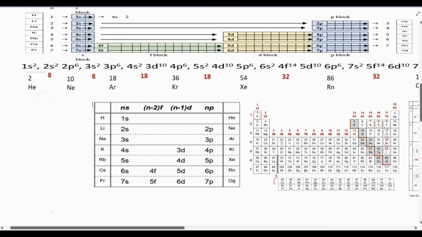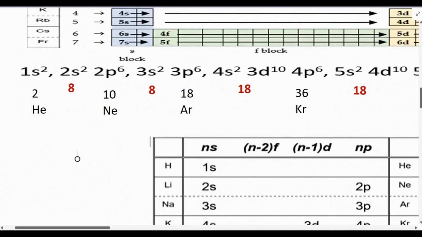I've written down the maximum number of electrons in each orbital. So each orbital holds 2. There's only one type of s orbital. So 1s2 means we have a full s orbital in the first shell. That would represent helium. Then moving across the second period, we have the 2s and the 3 2p orbitals. 6 electrons in the 2p orbitals and 2 in the s.